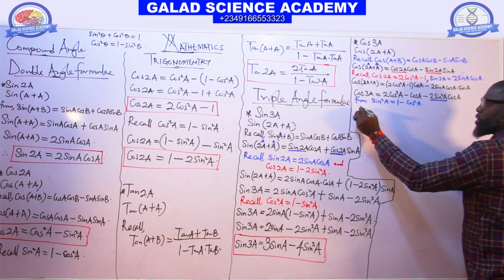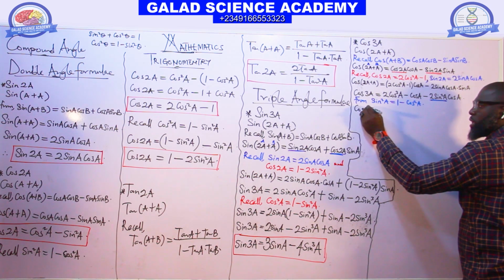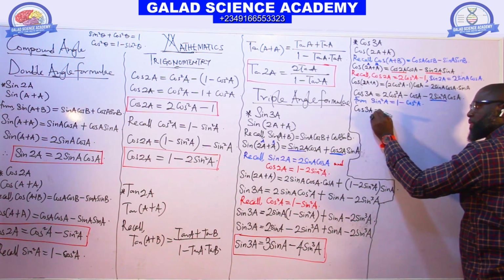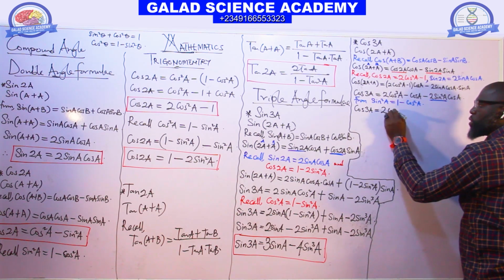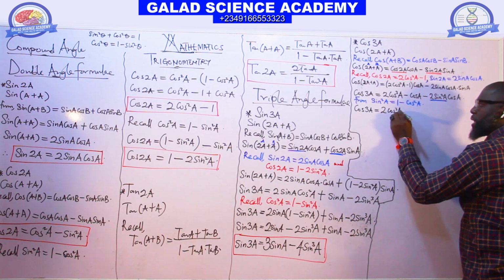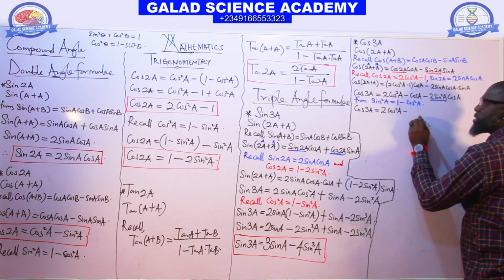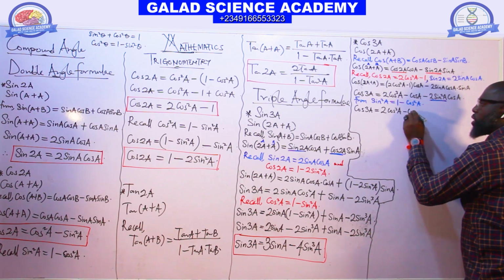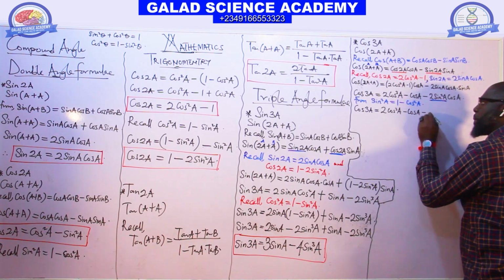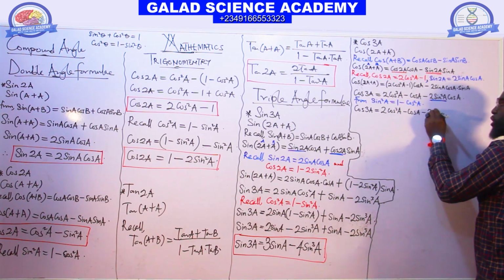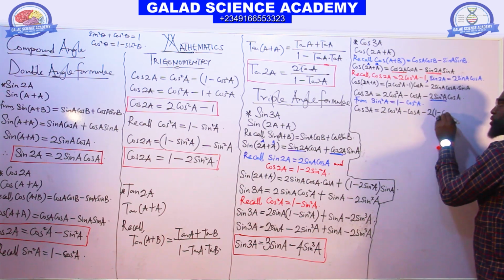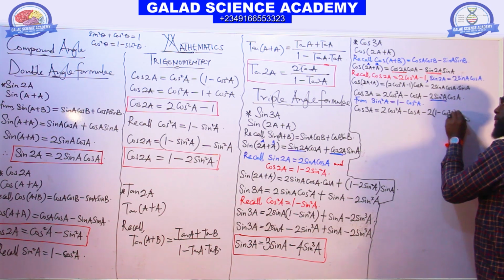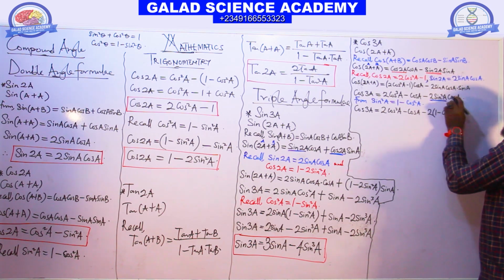So you will now have cos 3A to be 2 cos cube A minus cos A minus 2 into bracket, what is sine square A? 1 minus cos square A, multiplied by this cos.